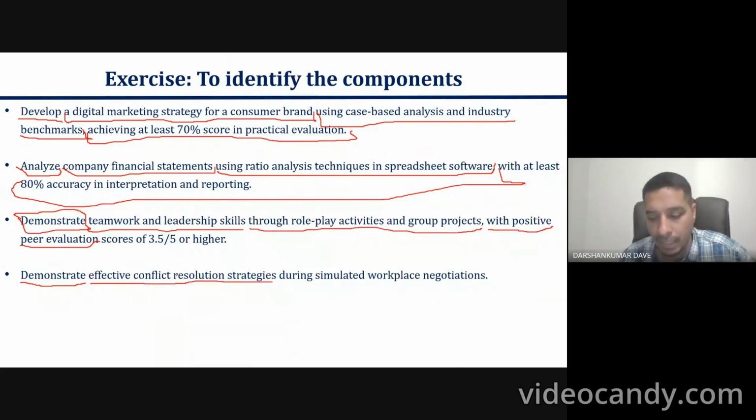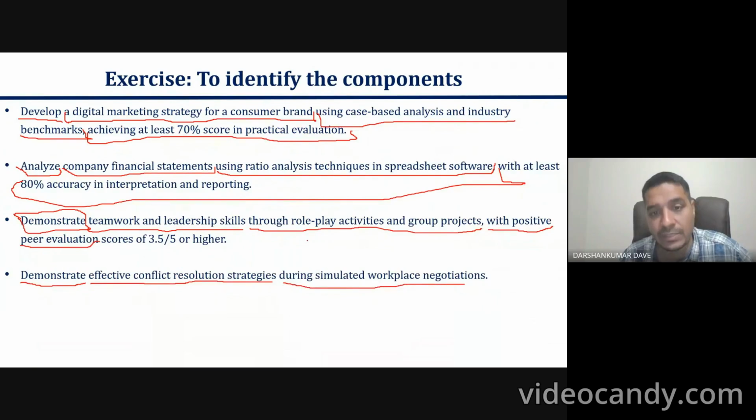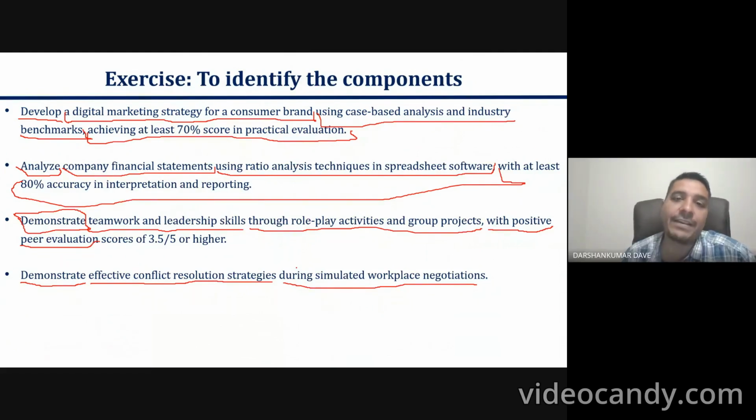Then what about the context or condition? It will be simulated. During simulated workspace negotiation will be your condition. What about the last part? The criterion of success. So the conflict is resolved effectively. Yes. If the conflict is resolved effectively.